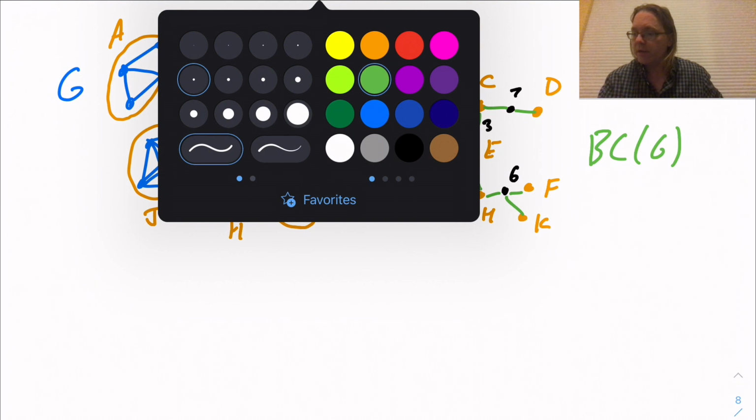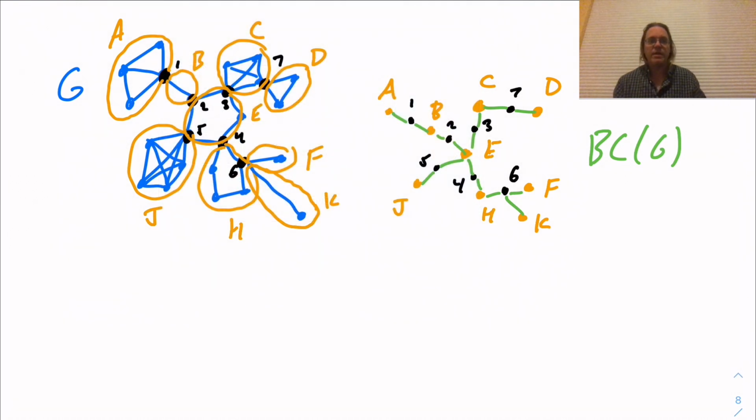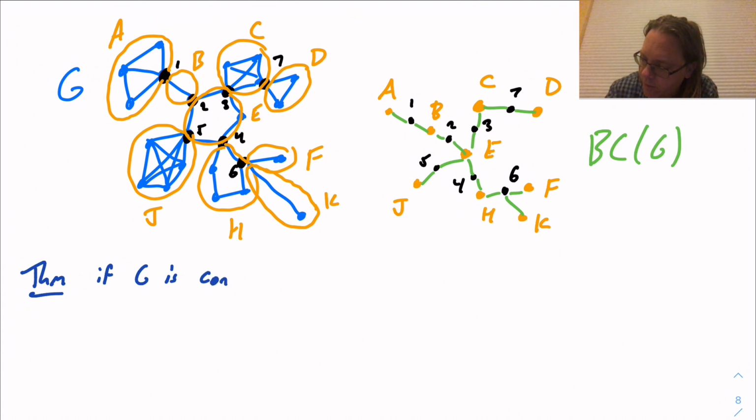And now our main theorem here is, well, this is an observation. I don't know why it's an observation, but anyway, I'm just going to call it a theorem. If G is connected, and you could say simple, I'm just assuming the graphs are simple. If I give you a graph that's not simple, the block cut point graph is the same as it would be if you threw out the loops and parallel edges.